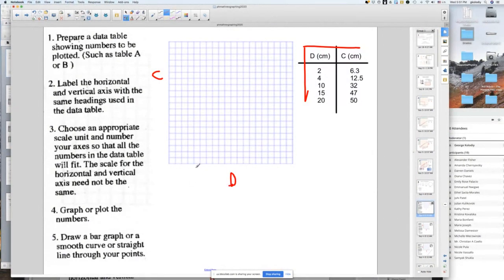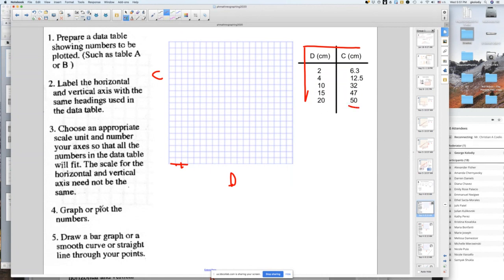What are you going to call each box so that you can fit up to 20? Try to use as much of the graph paper as possible. Make a scale so you can get up to 20. You have to make different scales because you're going to get up to 50. Then graph or plot the numbers and draw whatever curve it signifies.